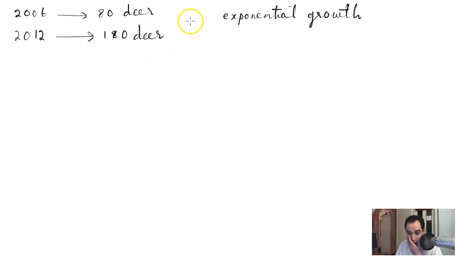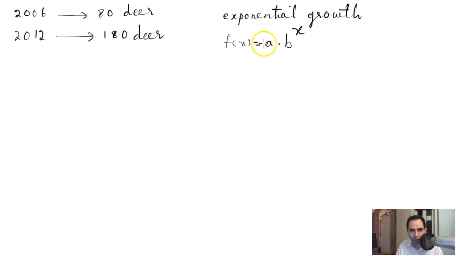So when you want to solve this kind of problem, you have to write an equation for this function. An exponential function is always in the form f of x equals a times b raised to the power x.